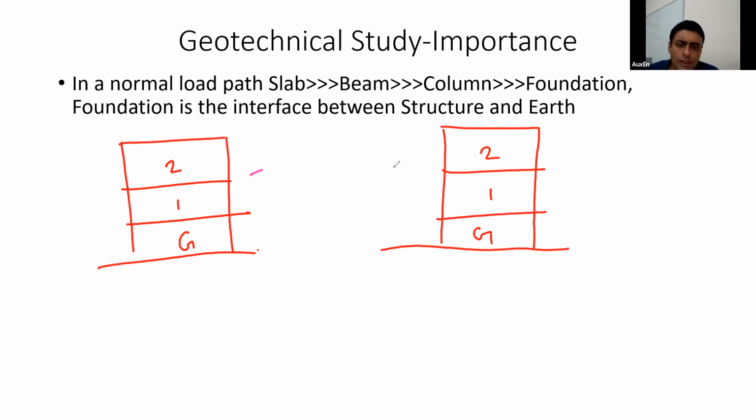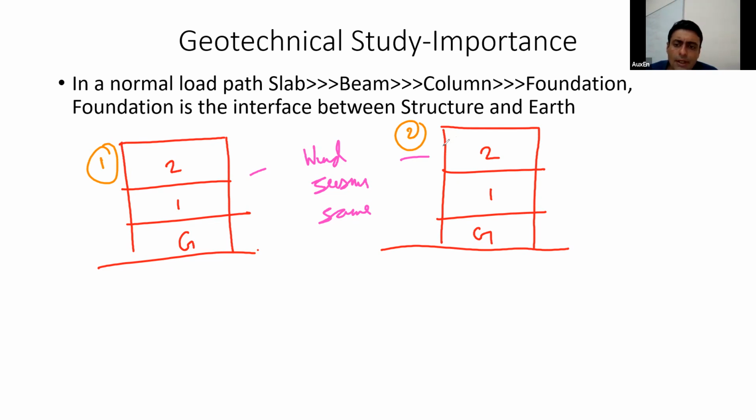In this scenario, what do you think? Will the superstructure remain the same for both these structures? Can we provide the same superstructure? Yes or no? Let us say this is structure 1, this is structure 2. They are identical ground plus 2 story structures in similar wind and seismic zones.